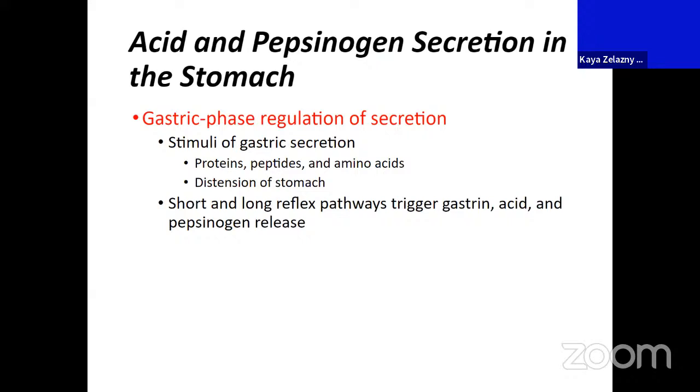Now, to talk about gastric phase regulation, I'm emphasizing this because just because the reaction is happening in the stomach doesn't mean that its control is gastric phase. It's only gastric phase control when the signal is coming from the stomach. Okay. So cephalic phase told us to make all these secretions coming out of our gastric pits.